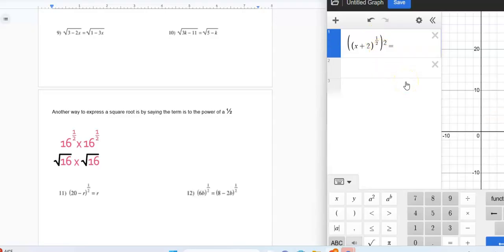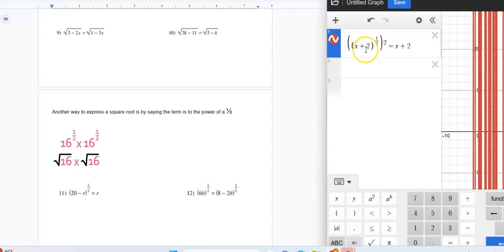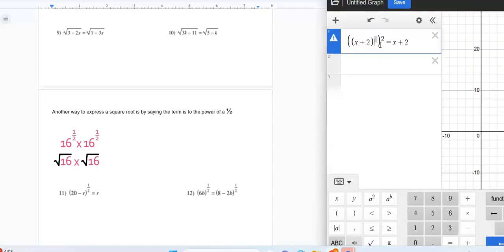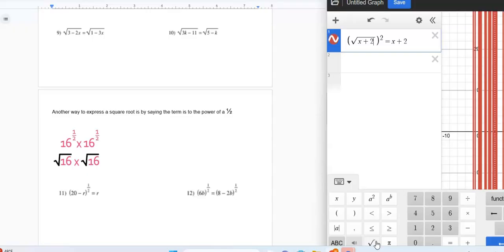So if you square root something like x plus 2 and you square it, it becomes just what it is, because x plus 2 squared of the half is x plus 2 to the power of 1. That's what it is.